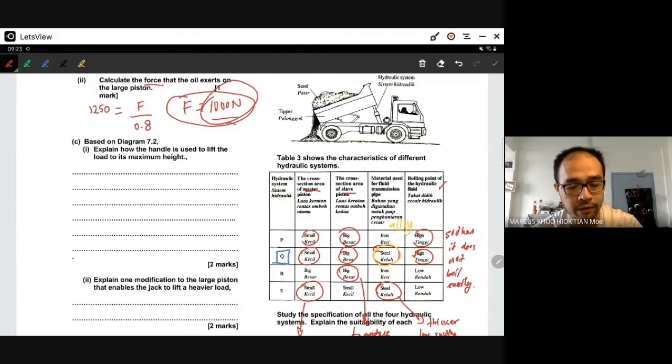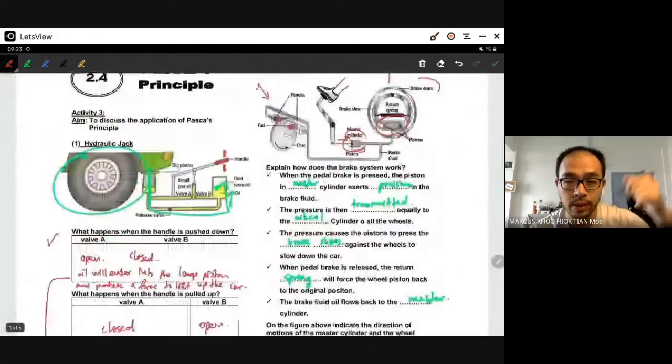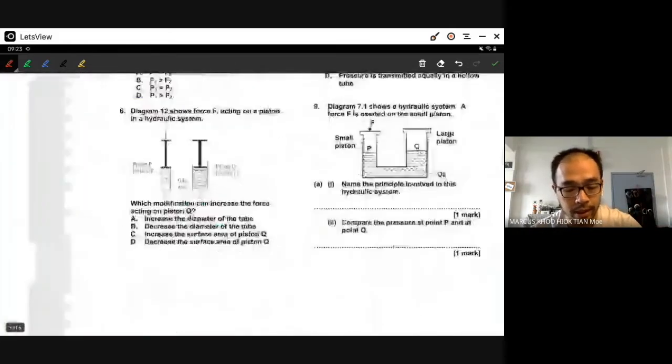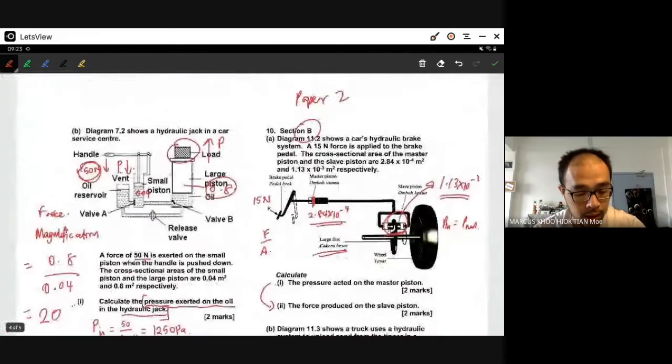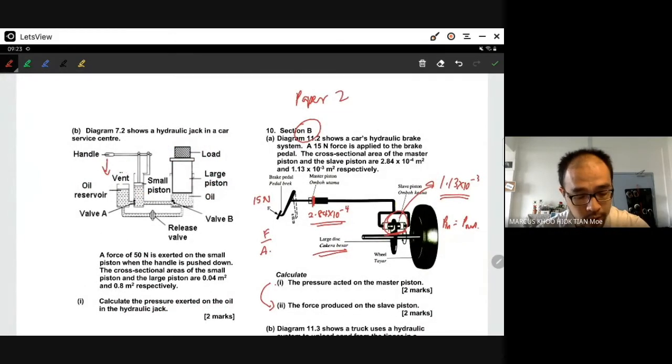Now this one I've already covered in this part. But basically, when we push the handle down, take a look. When we push the handle down, valve A will be closed, and valve B, sorry.